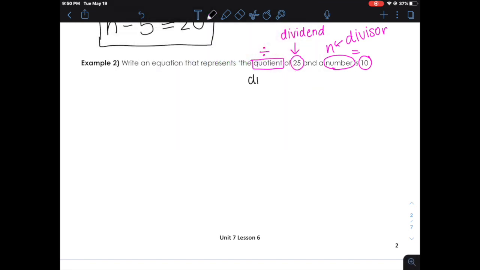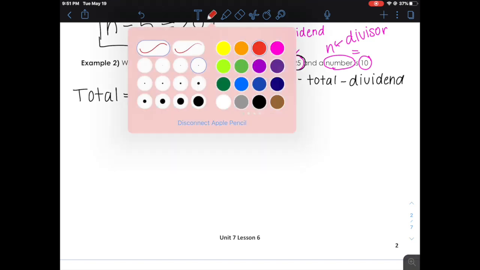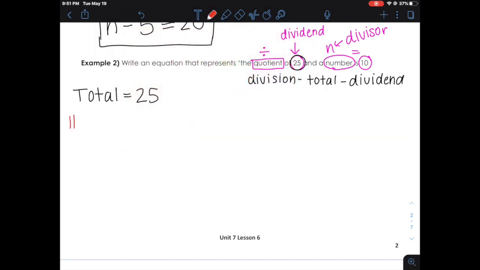So again, because this is a division problem, we have to be careful about our total. Our total is always our dividend, which in this case is going to be 25. So total equals 25. Now since we're working with a division problem, we're going to have number of groups and group size this time.